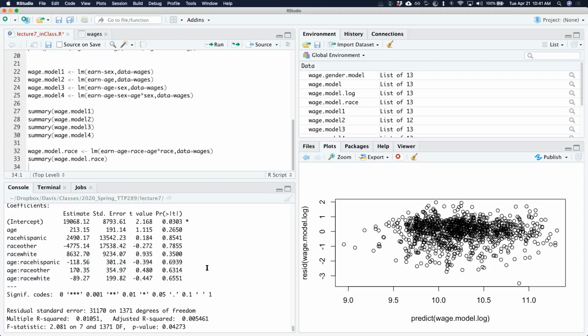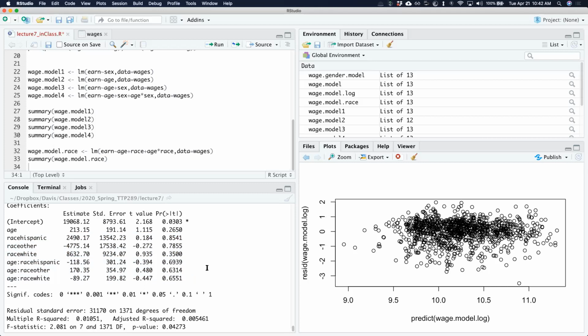So this is interpreted in the same way, right? For our base, it's saying that on average, the black will have a $19,000 intercept with a $213 increase per year of age.